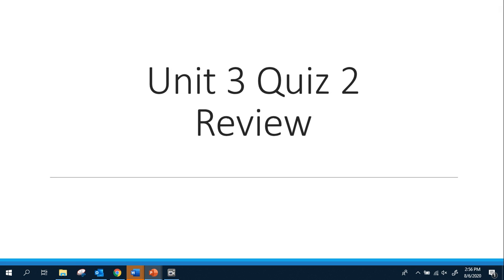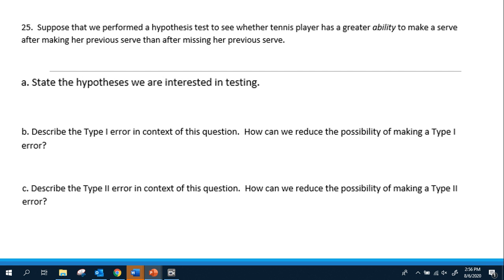Today we will be reviewing for Quiz 2. Suppose that we performed a hypothesis test to see whether a tennis player has a greater ability to make a serve after making her previous serve than after missing her previous serve.